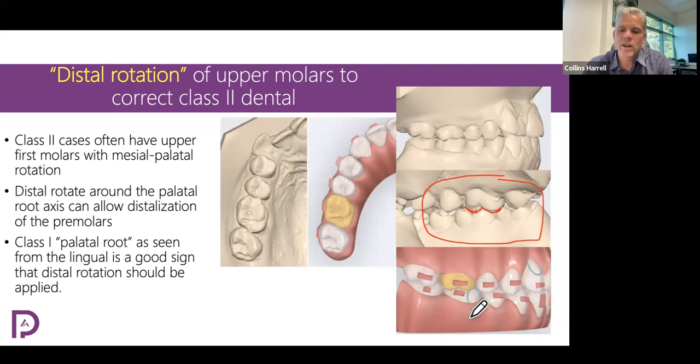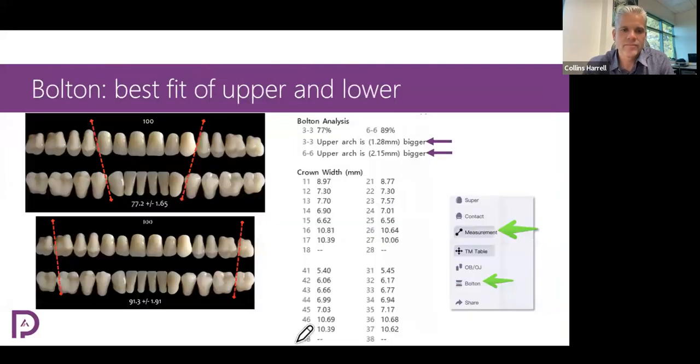It's just not class 1 on the buccal side. And so that rotation is going to move this distal buccal cusp and the mesial buccal cusp into a more class 1 position. So keep an eye out for that in your cases.